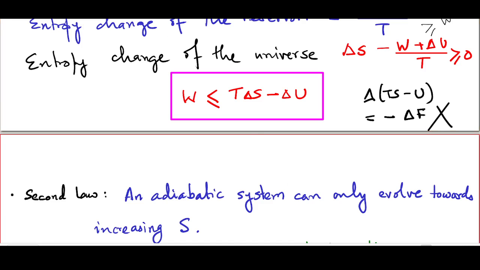So, basically an adiabatic system which is closed, in the sense that it does not allow energy or number of particles to be exchanged with something else and has a fixed volume, can only evolve towards increasing S.